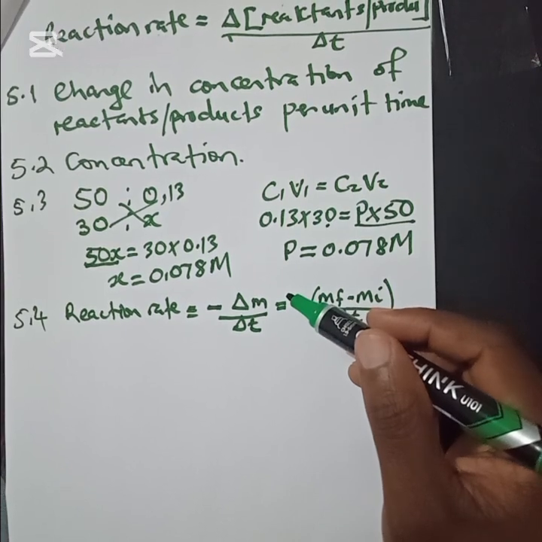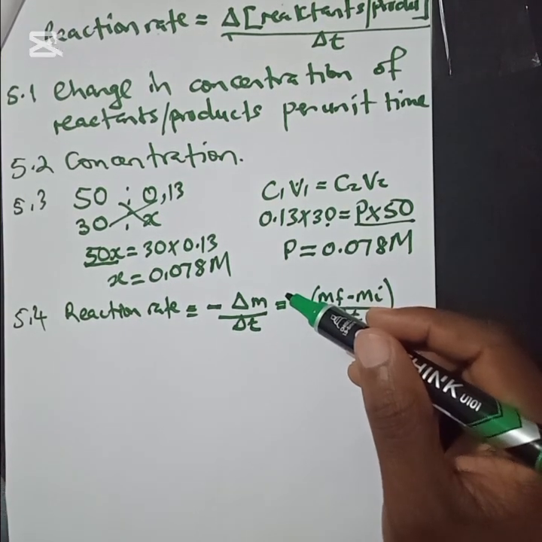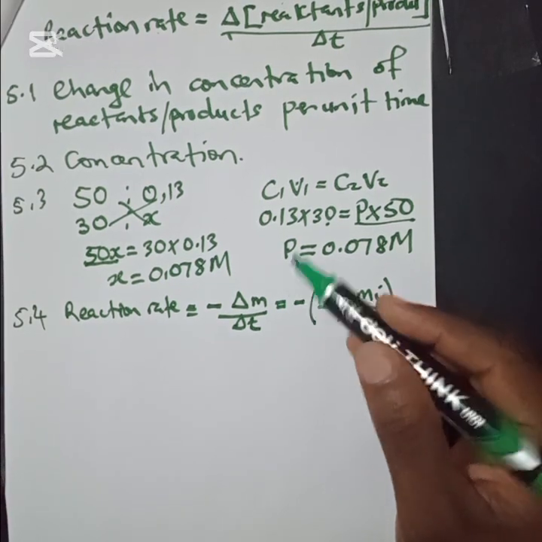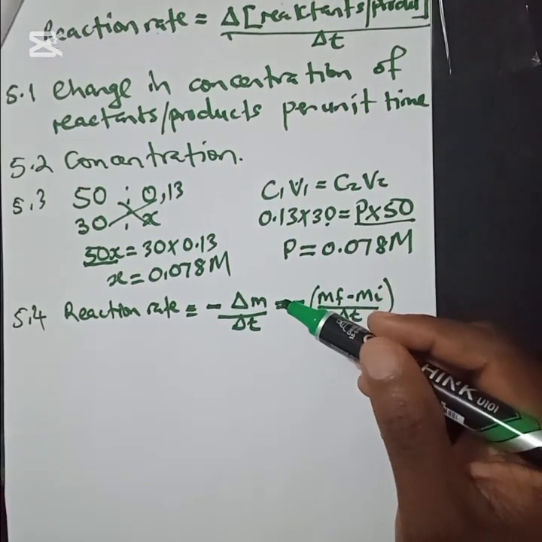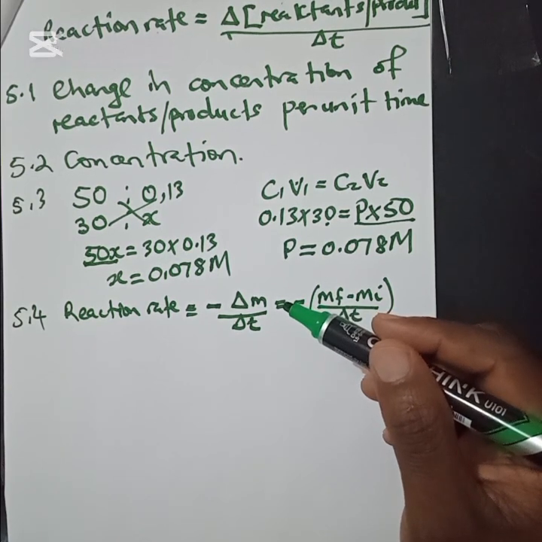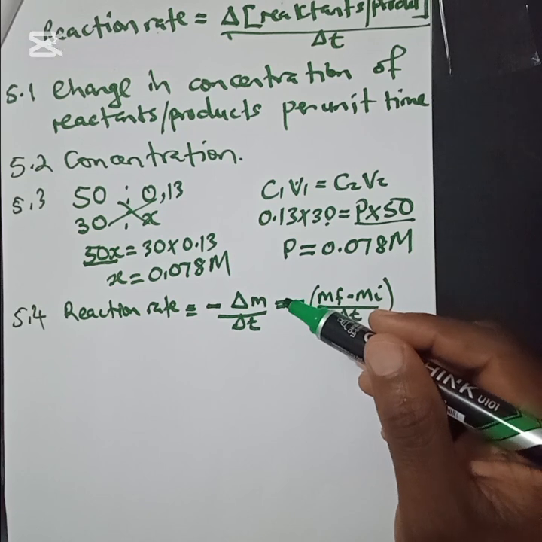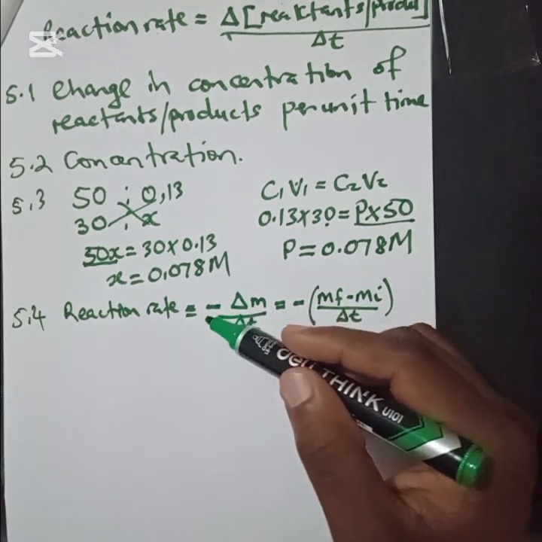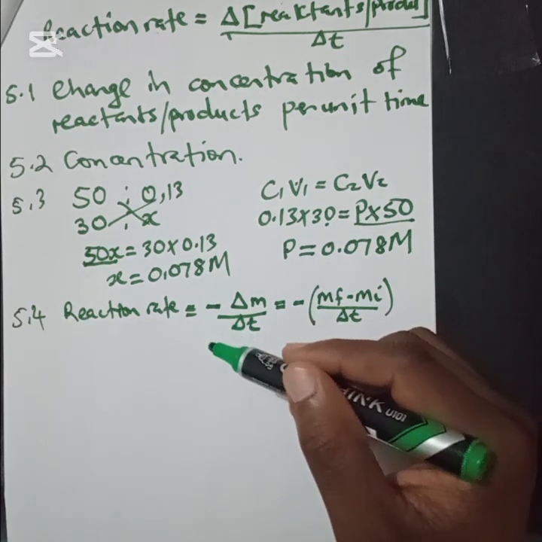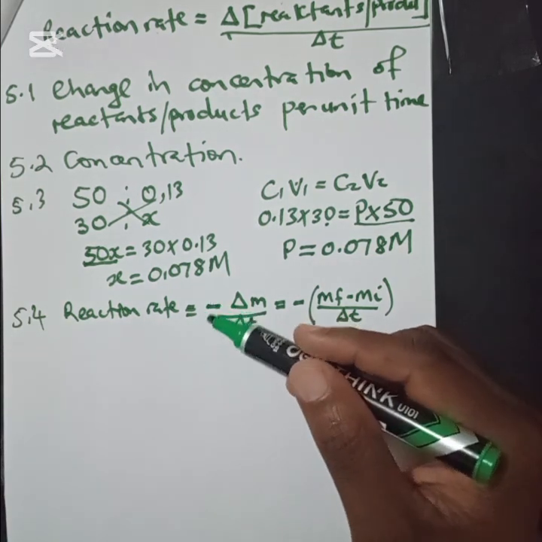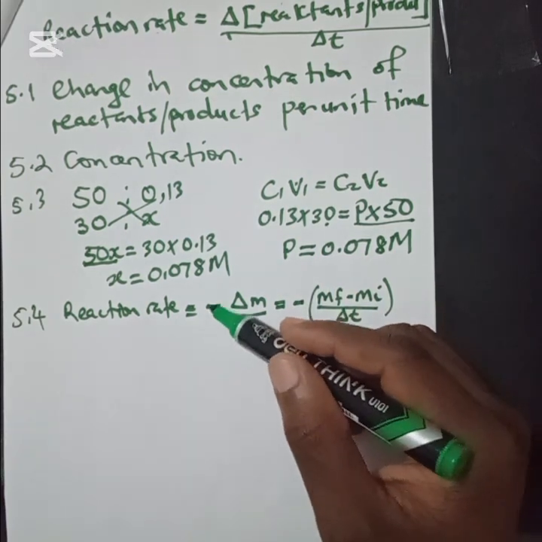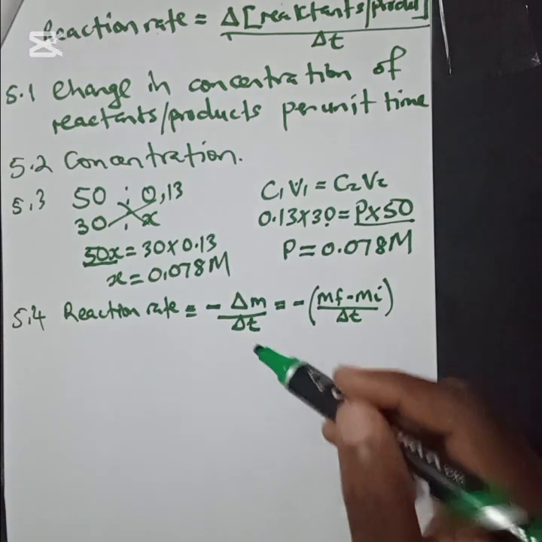When reactants are reacting, their amounts, whether mass or concentration, decrease. So that decrease is actually a negative change. If it was the rate of reaction with respect to a product, it would be positive, because products change positively. At the beginning of the reaction, there won't be any product, but as the reaction progresses, the amount of product increases. That's a positive change. But with a reactant, the change is negative, hence a negative sign there.